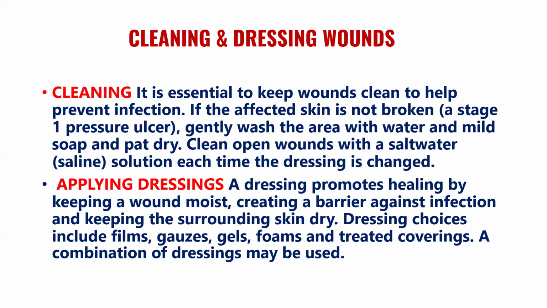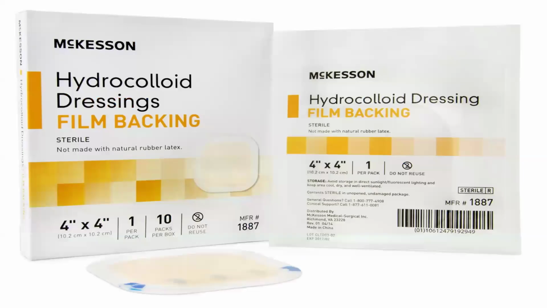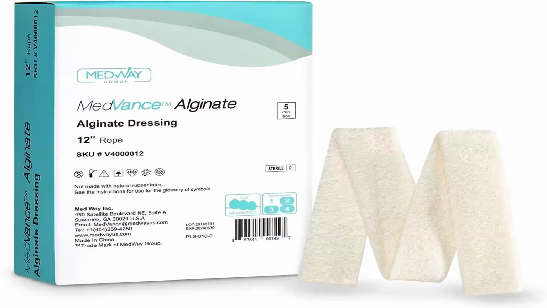Applying dressing promotes healing by keeping the wound moist, creating a barrier against infection, and keeping the surrounding skin dry. Examples of dressings are the hydrocolloid dressing or the alginate dressing.